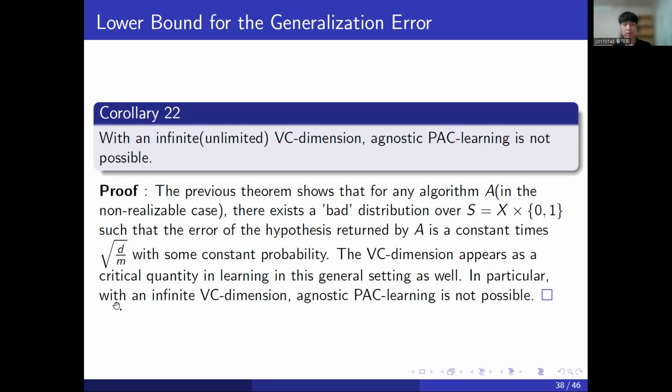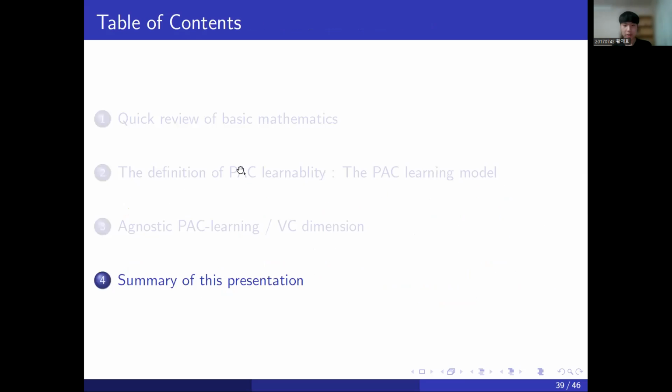In particular, with an infinite VC dimension, agnostic PAC learning is not possible. Also, this theorem is my main goal of this presentation. I hope you understood well, but I know that this is very hard to understand. So that is the end of this presentation.